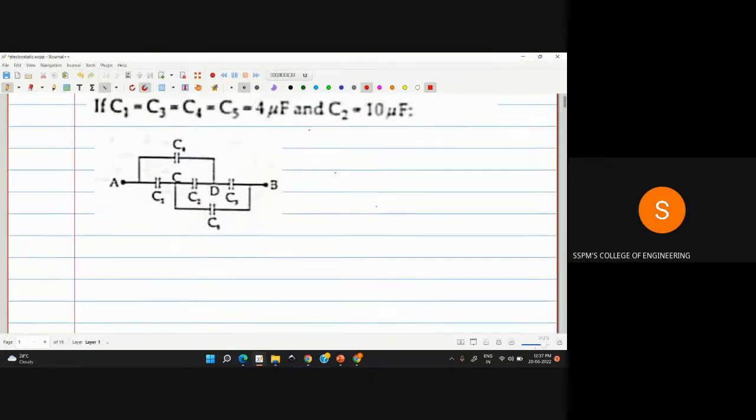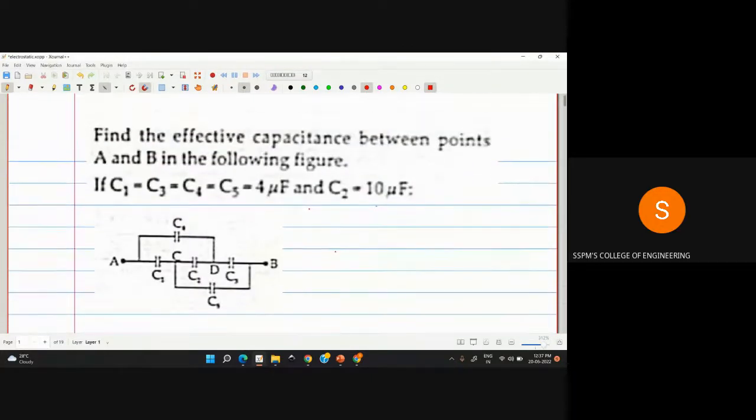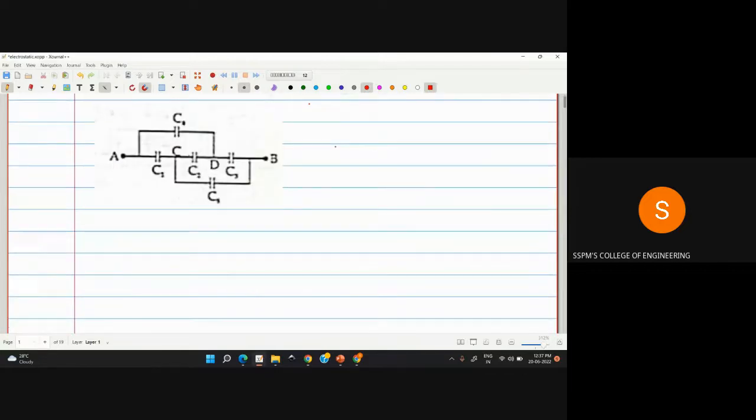Now let us solve the next example. This example is on series capacitors. Now you must have studied, if two capacitors are in series, let us consider C1 and C2 are connected in series, then what will be the equivalent capacitance? The equivalent capacitance is C1 into C2 divided by C1 plus C2.